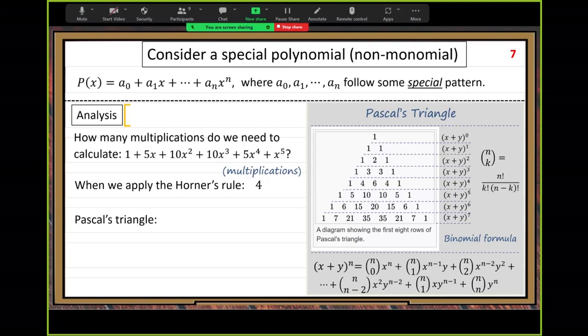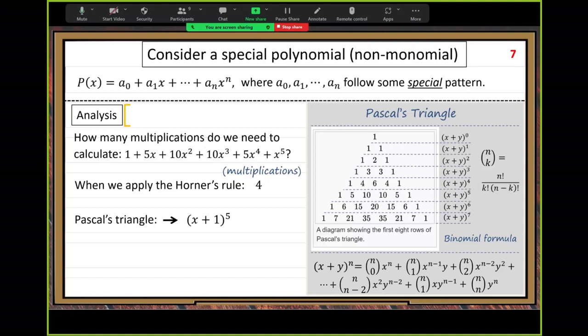Based on the binomial formula, this polynomial equals x plus 1 to the fifth.